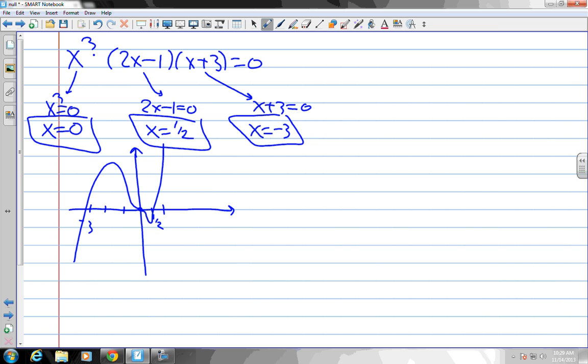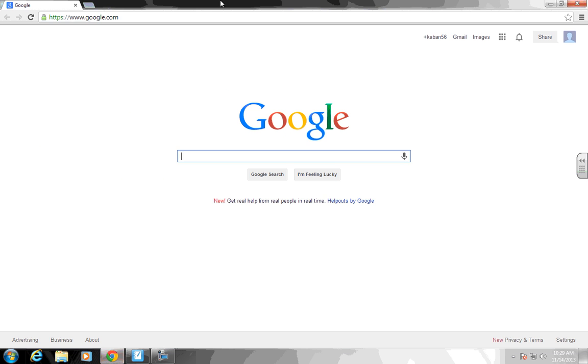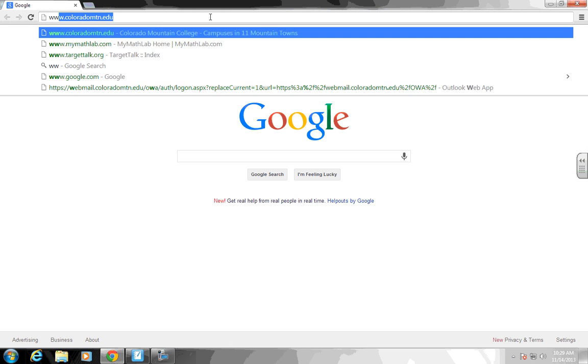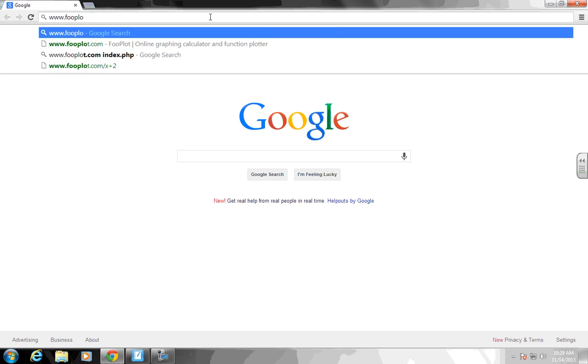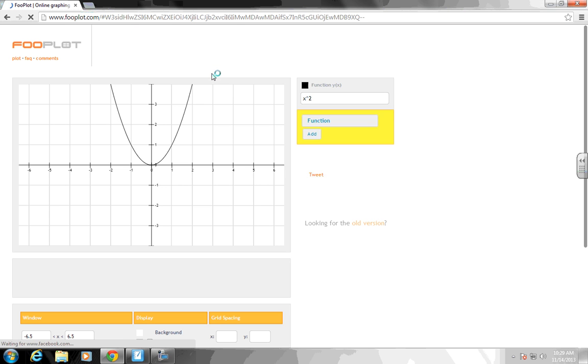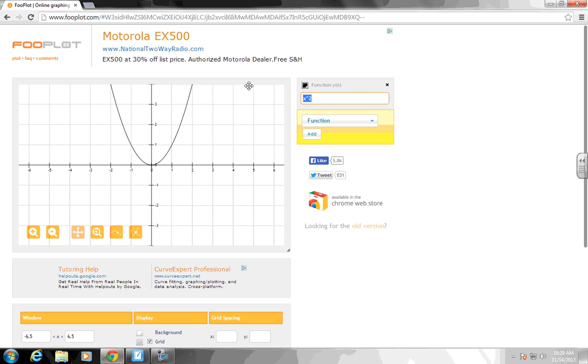If I actually plug it into the graphing calculator, what is it? x cubed times 2x minus 1, times x plus 3.